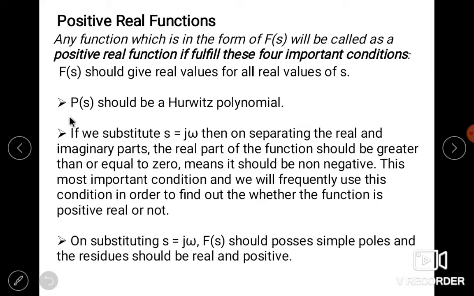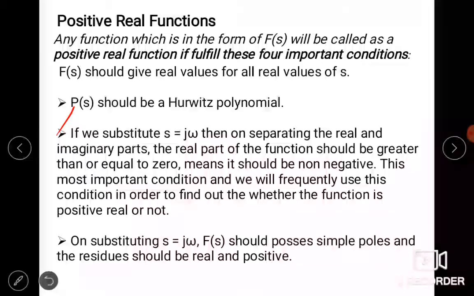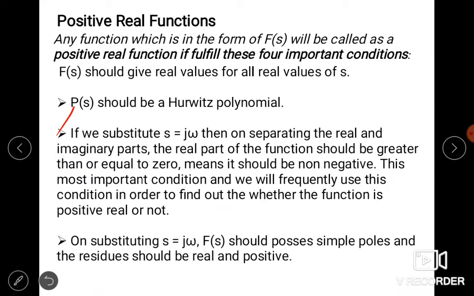So what does this mean? This P(s) should be a Hurwitz polynomial. It means you have to satisfy the condition we showed in the previous session. Then the Hurwitz polynomial must satisfy the conditions. This is the first condition.